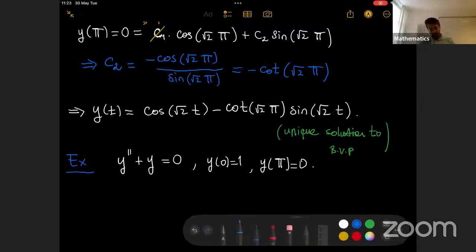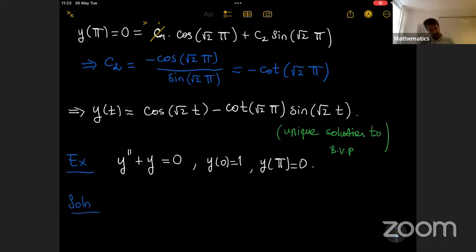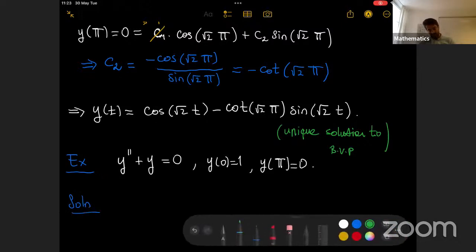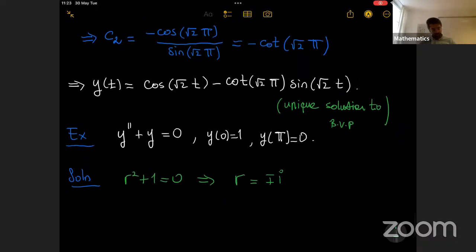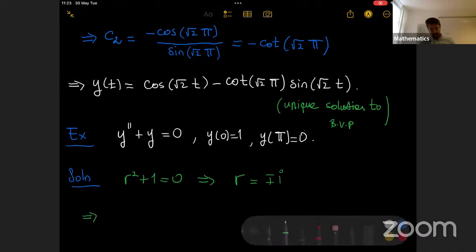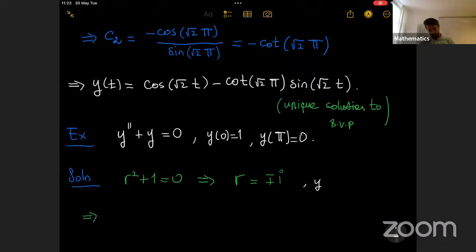All right, let's solve it. Again, the characteristic equation is r squared plus 1 is equal to 0, which implies r is equal to plus minus i. So the complex solution is e to the it, taking one of those.